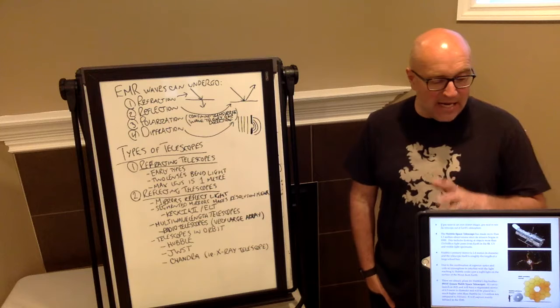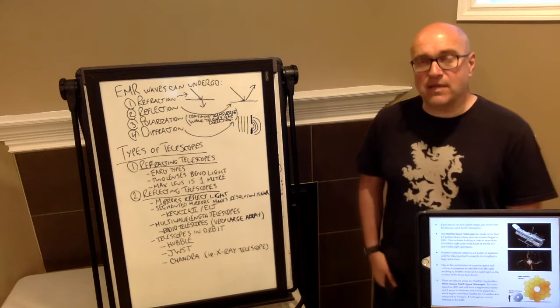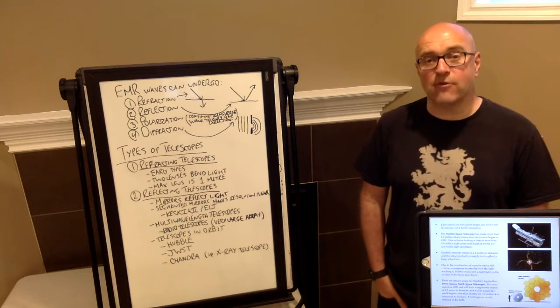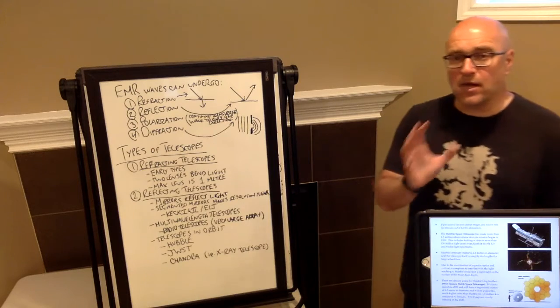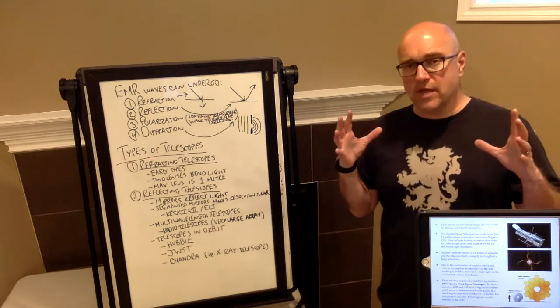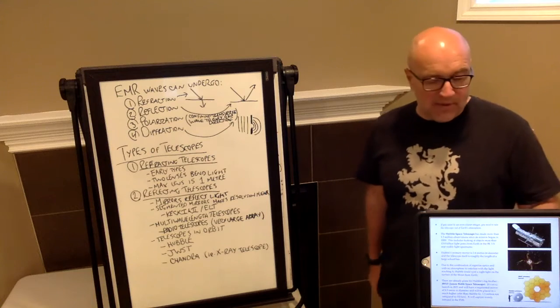It's going to be designed to capture mainly infrared. So its primary section of the electromagnetic spectrum that it's going to look at is going to be the infrared section.